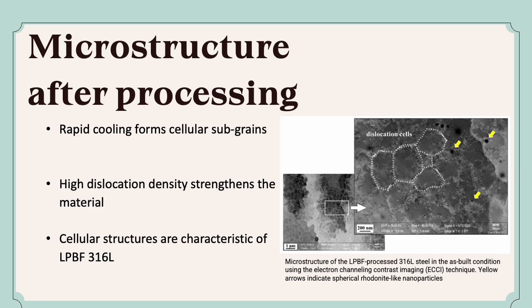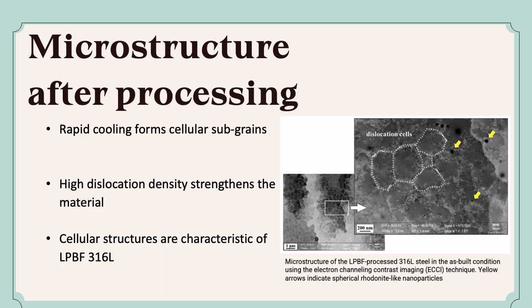As a result, a large number of dislocations are retained within the material, creating a high dislocation density. This high dislocation density strengthens the material by making plastic deformation more difficult. Therefore, the unique microstructure produced by LPBF is one of the main reasons why additively manufactured 316L can exhibit excellent mechanical properties.